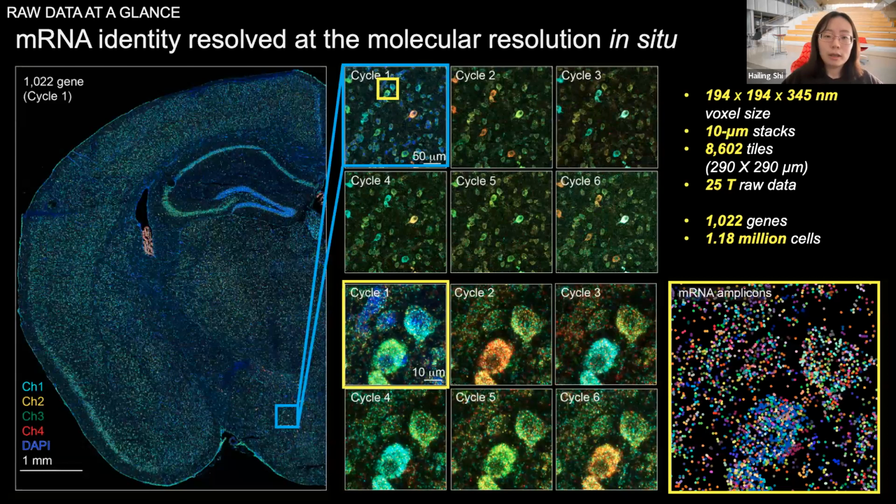The other is depending on the purpose of your experiment. In this case, we want to understand the cell type diversity, so what we focused on were marker genes already reported in single cell RNA-seq data sets.